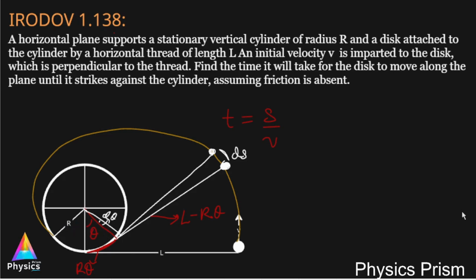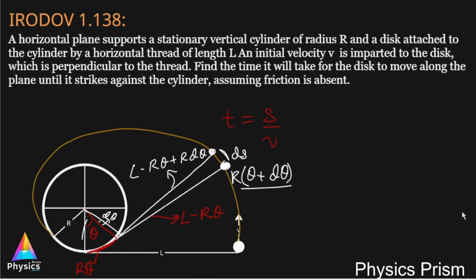So this whole angle is then theta plus d theta. So the arc length will be r times (theta plus d theta). Now if the arc length is r times (theta plus d theta), then this rope length will be L minus r theta minus r d theta.